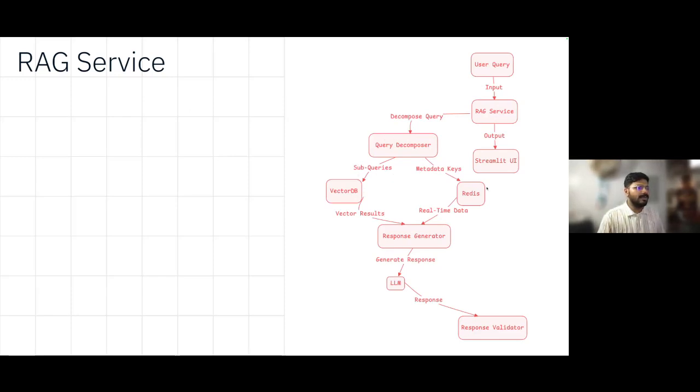We use the subqueries to query the vector DB as well as the Redis to get a more accurate real-time response, real-time data. And a response generator uses this data to generate a response, combined with the LLM. Then comes the response validator. We have to validate that there is no further hallucination from the model.